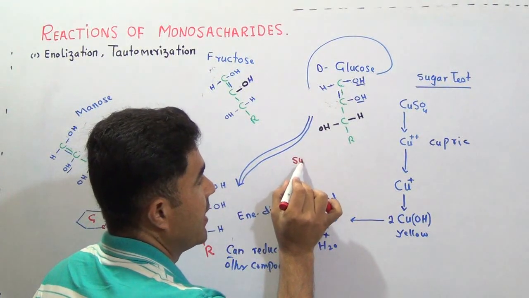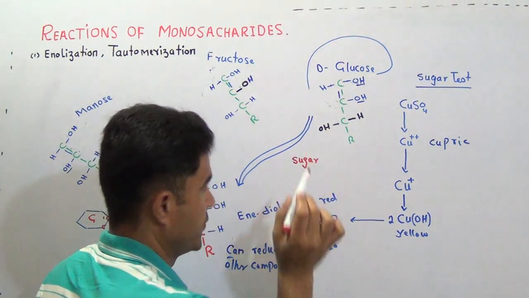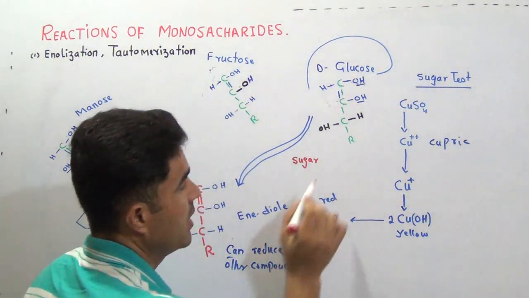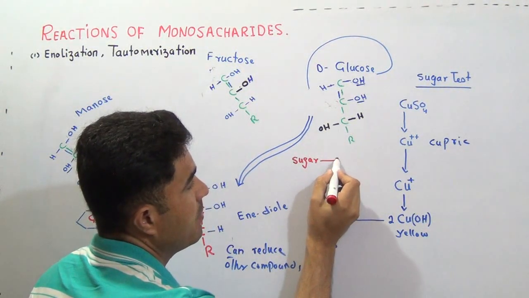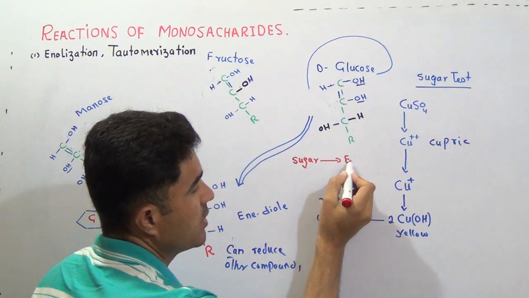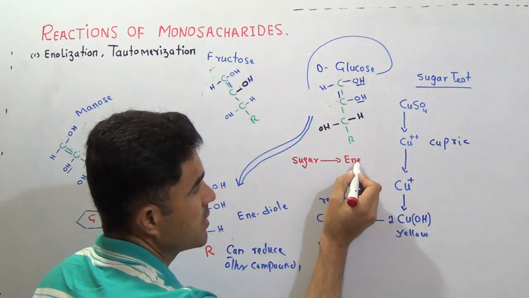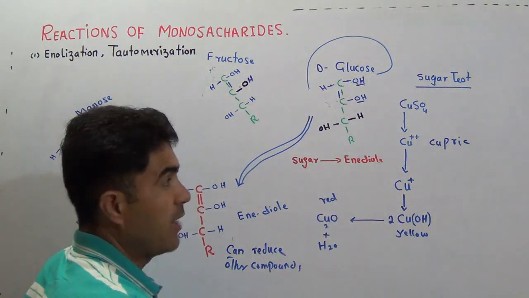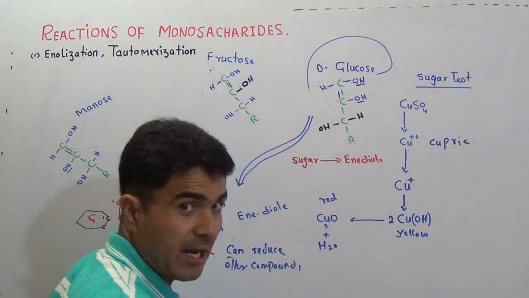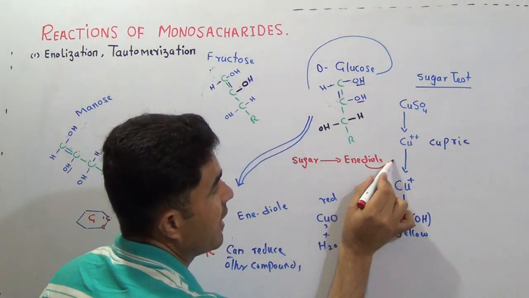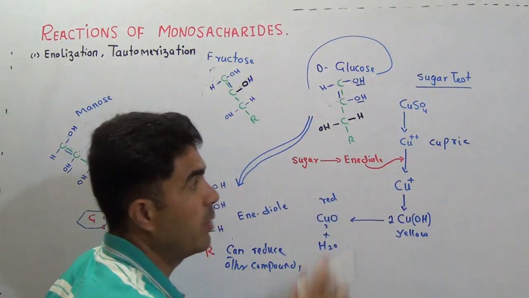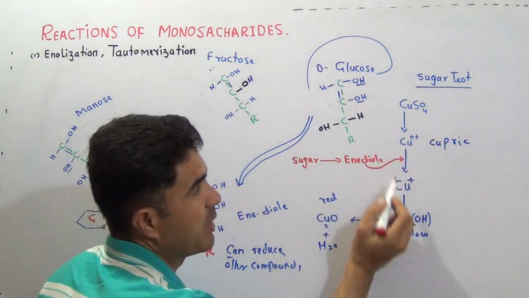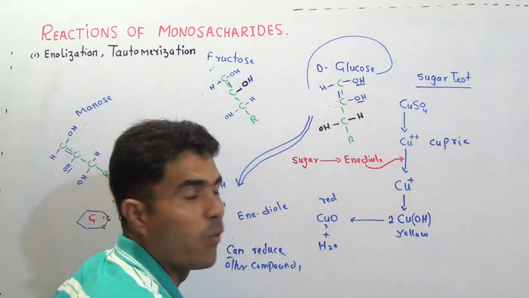When we add a sugar, meaning any monosaccharide or disaccharide except sucrose, the sugar will become enediol. And we know that enediol is very reactive, so enediol will give an electron to the copper. Copper has a double positive charge, so it gives an electron to the copper and it becomes Cu positive 1.